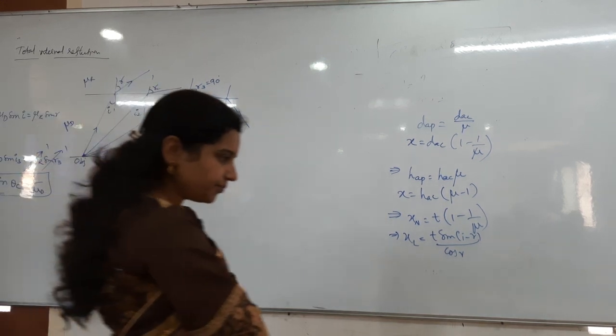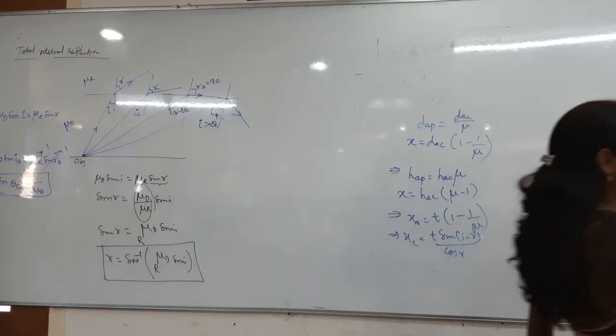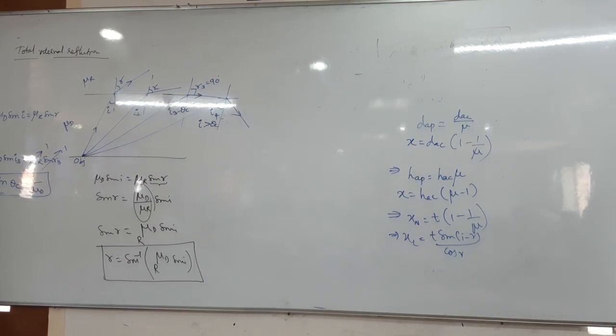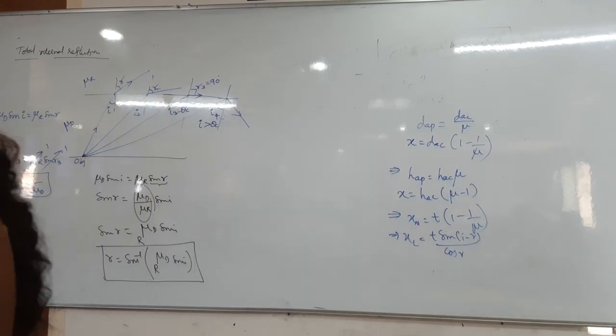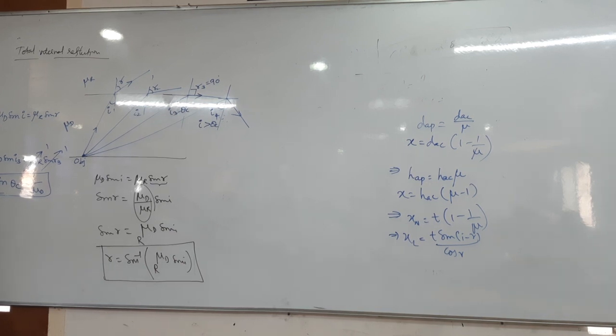In the next line, as the light ray moves from the denser medium to the rarer medium, it will bend away from the normal.